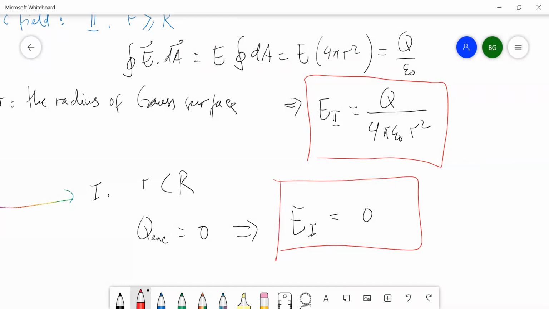Any question? Is the electric field in the form of a thin shell? Sorry, what is your question?